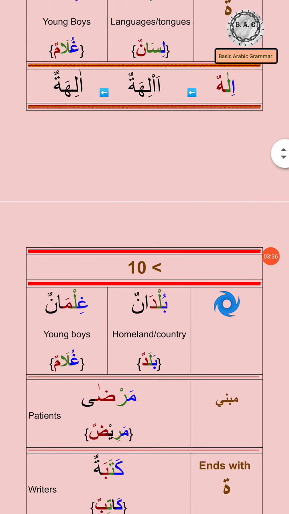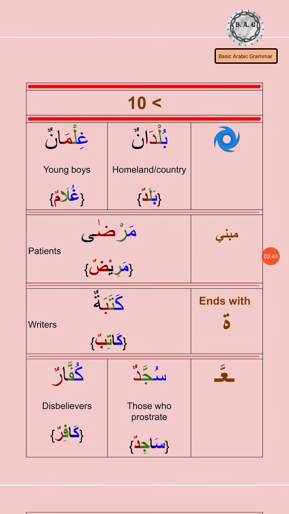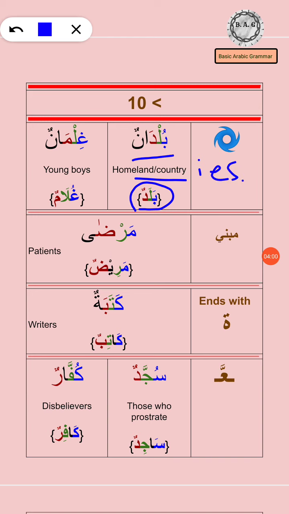Now come the patterns that are used for asma that are more than 10 in number. So our first pattern was fu'lanun, and the example here is buldanun. Now the root word is baladun, which means a homeland or a country, and buldanun means countries or homelands.